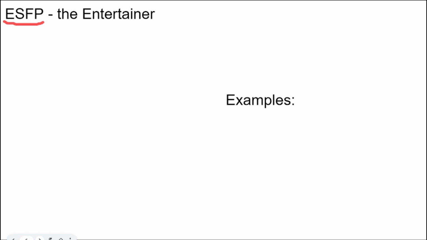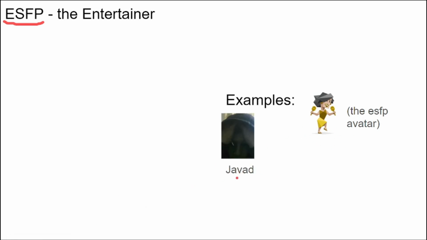I've got some examples of people with this type, because the types represent different people. They all have avatars as well. The avatars aren't really that important, but I've included them for each one. This is the ESFP avatar. This is Javad. This is the only picture I could find of him on my phone.